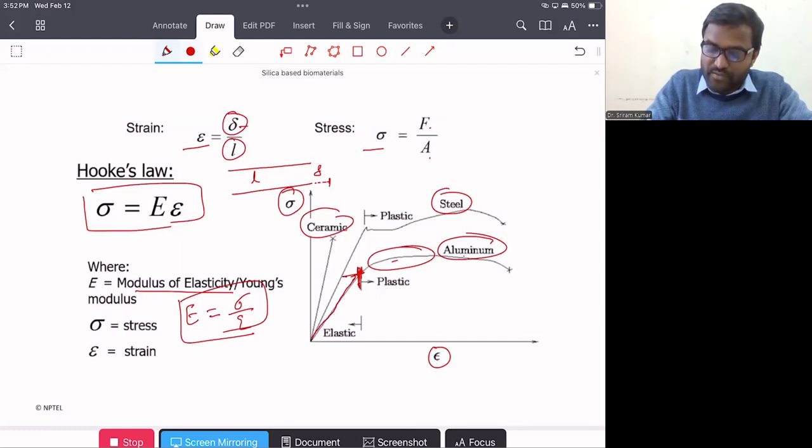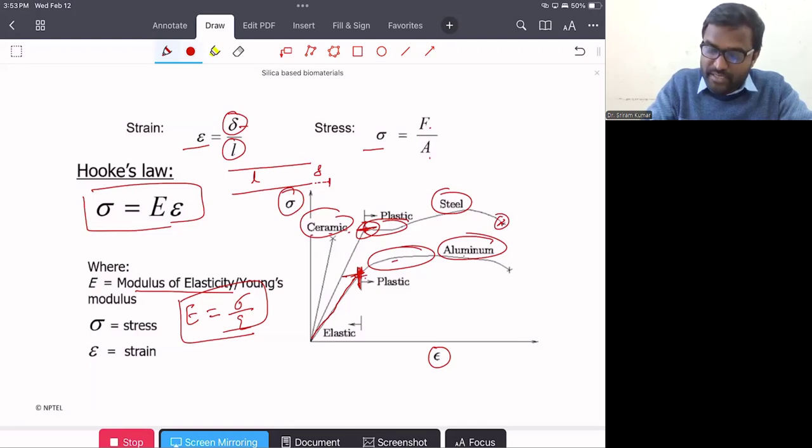For the steel, if you compare this one, as compared to aluminum, steel has higher stress withholding. And after this stress, what happens? The plastic deformation happens, and up to here there is the final breakdown of the steel.